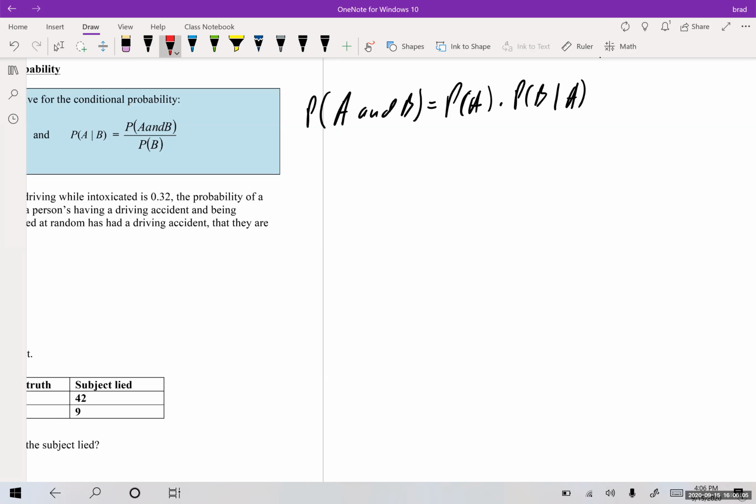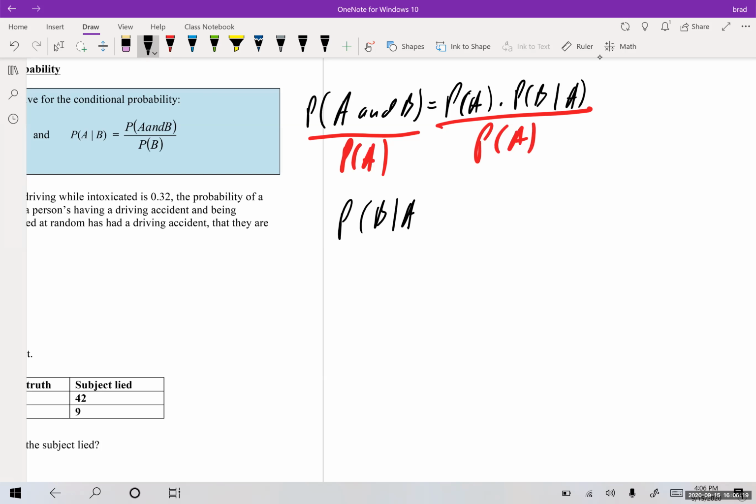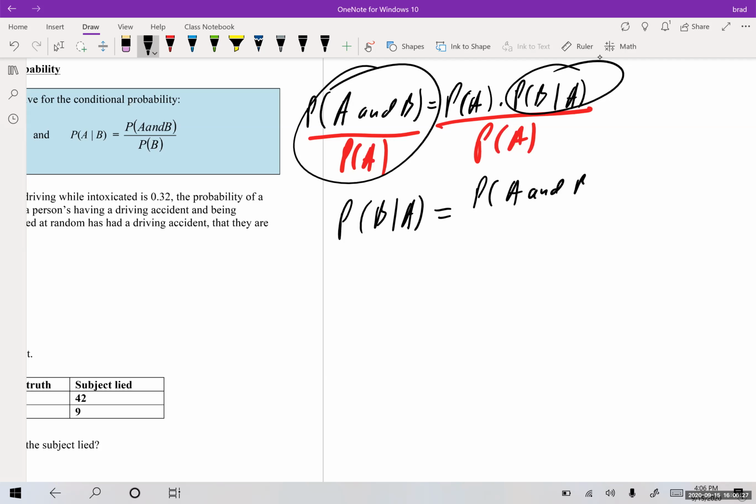In the last video, I solved for the probability of B given A. I divide both sides by the probability of A, and we end up with the probability of B given A equal to the probability of A and B divided by the probability of A. Just keep in mind, whatever the given is, that's what you divide by.